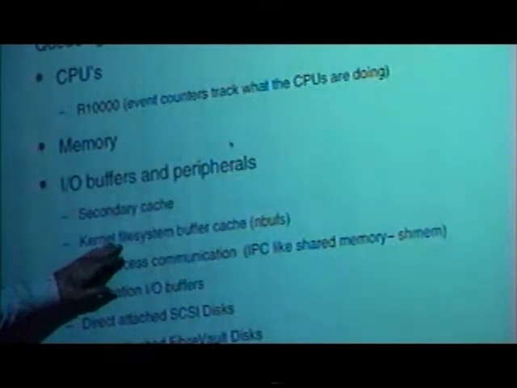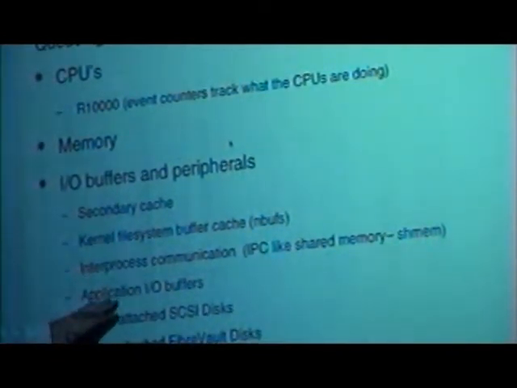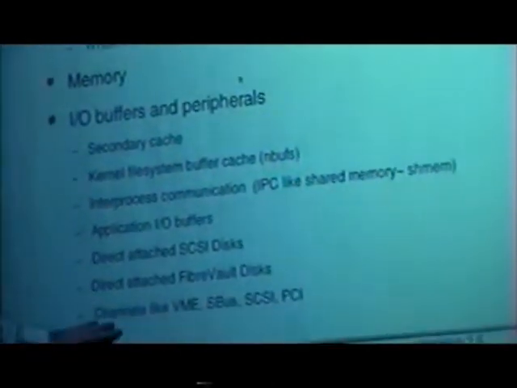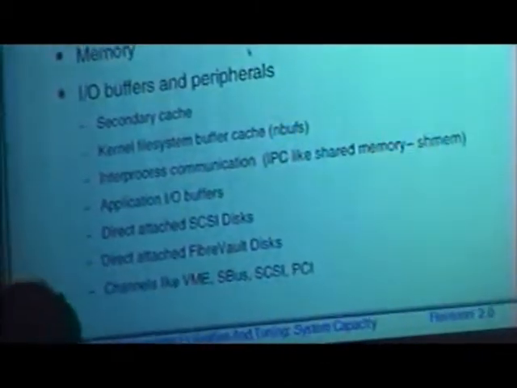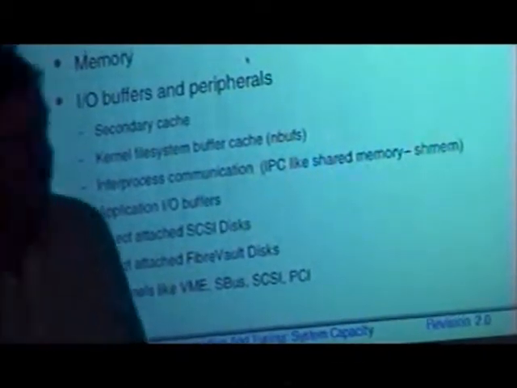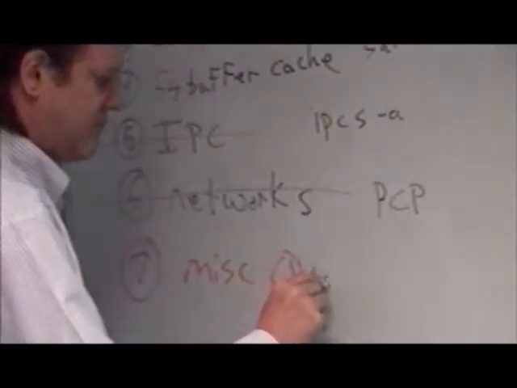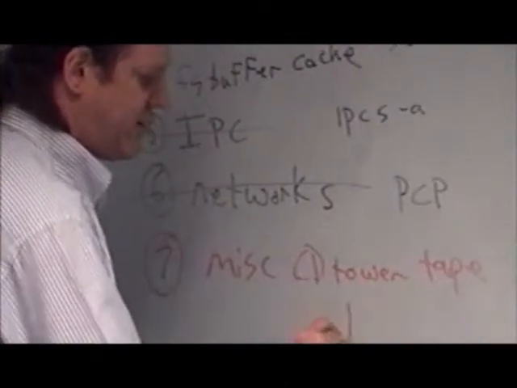My buffer cache, my inter-process communication, application buffers we're going to talk about later, and then my peripherals, direct attached SCSI or fiber channel, and various other channels that may have peripherals attached to them as well. So beyond those 6, the 7th one would be miscellaneous, which would be things like a CD tower, tape, various other miscellaneous peripherals.